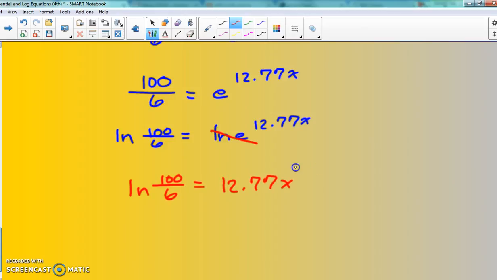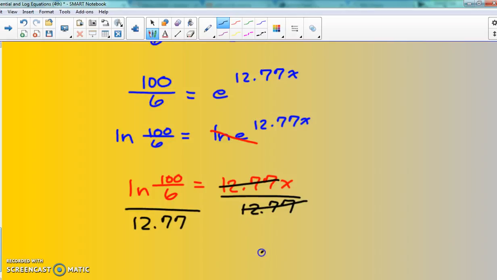Then we divide by 12.77 to solve for x. Solving is really good. So we get x equals all this wonderful information.